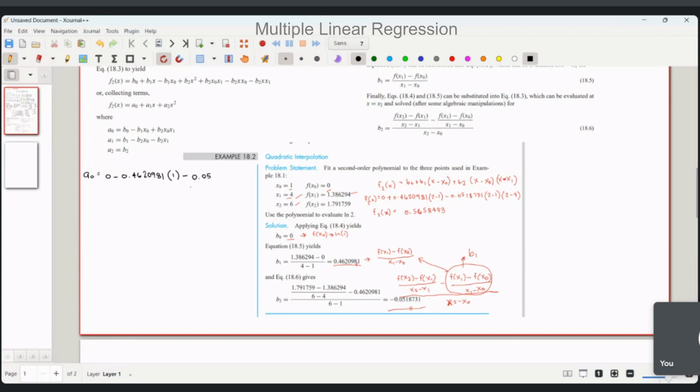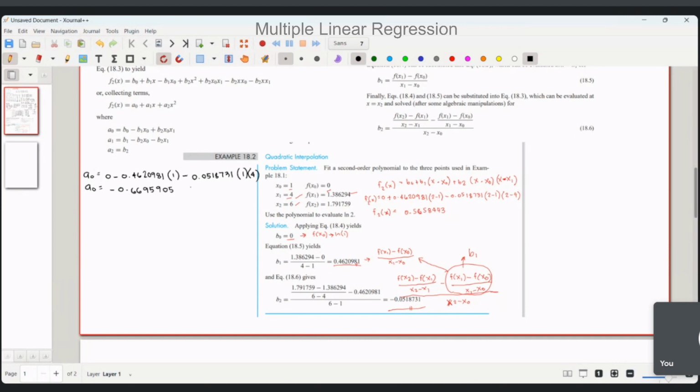So that's 0.0518731 multiplied by our x0 plus x1 multiplied by our x1, 4. So A0 would be negative 0.6695905.